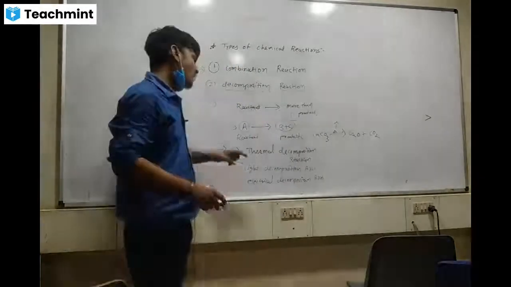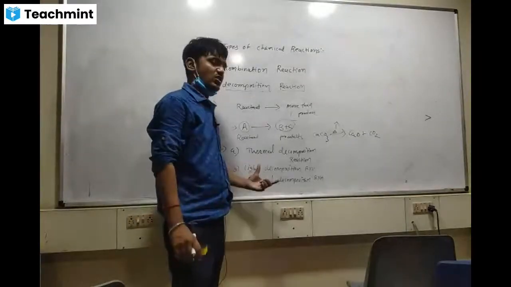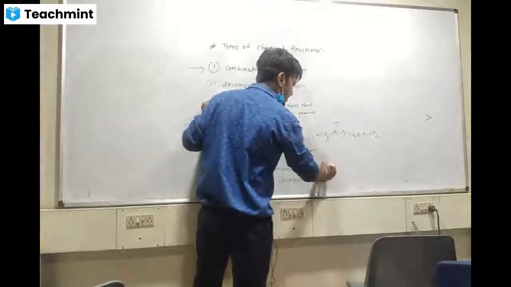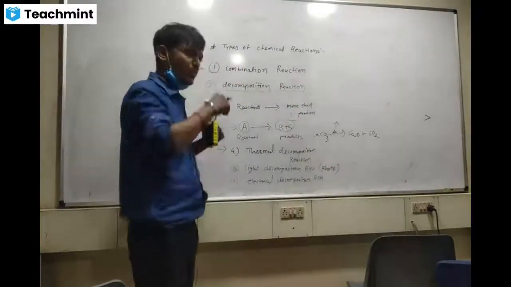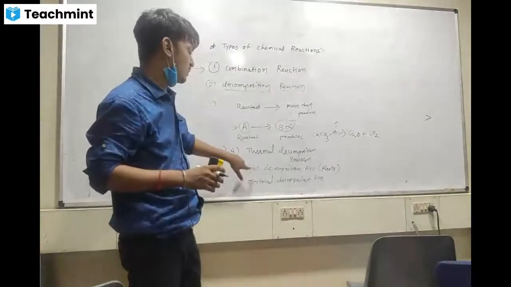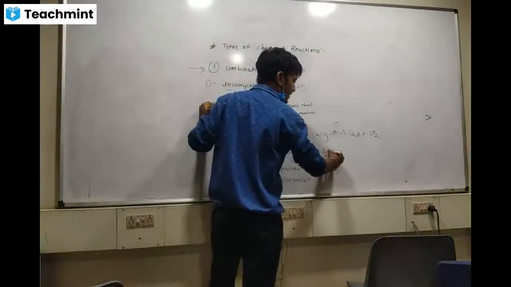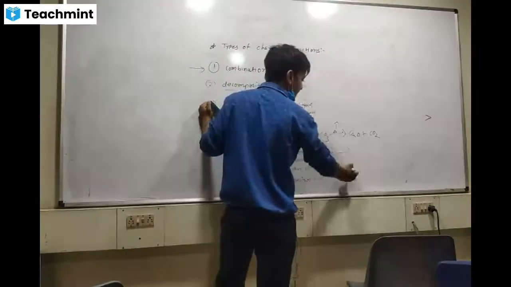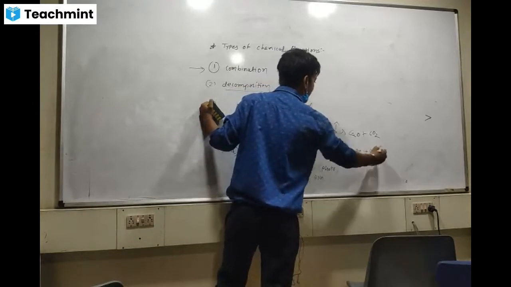Another decomposition is light decomposition. Light decomposition reaction is also known as photo decomposition reaction. The best example of photo decomposition reaction is when you put AgBr in presence of light, bromine gas is liberated and we get pure silver.